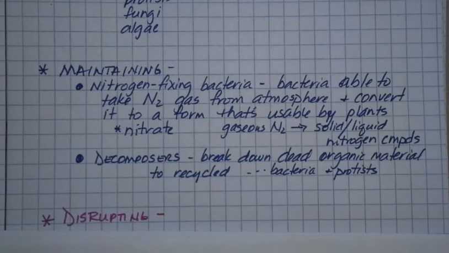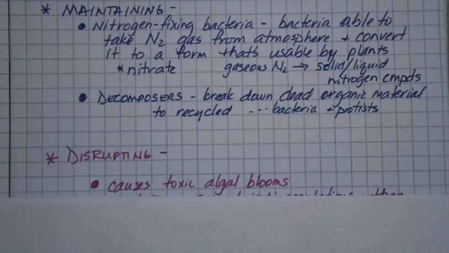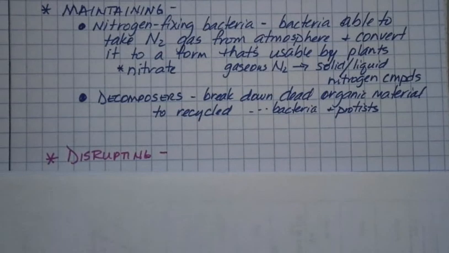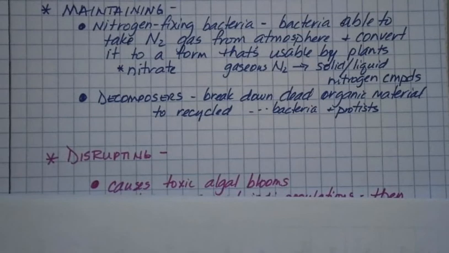Disrupting the environment, they can also disrupt. The number one thing that you guys probably think about would be causing disease. But before we get to that, I'm going to talk about something that I just did with the nitrogen. And that's causing toxic algae blooms. The toxic algae blooms, again, is when you have this population boom in an algae and they produce these poisons.